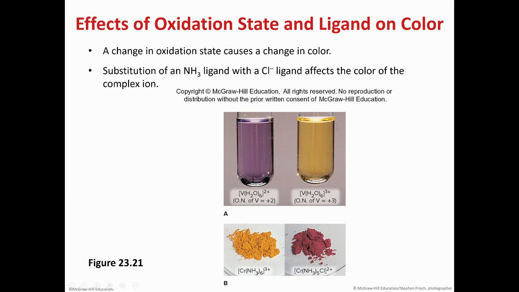But do you see how with ammonia, it's one color, and with ammonia and chloride ion as its ligand, it's a different color. Here's vanadium 2+ in both of these, but vanadium 2+ here with water is this color, and vanadium 3+ is a different color. So the oxidation state causes a change in color, and then the ligand causes a change in color.